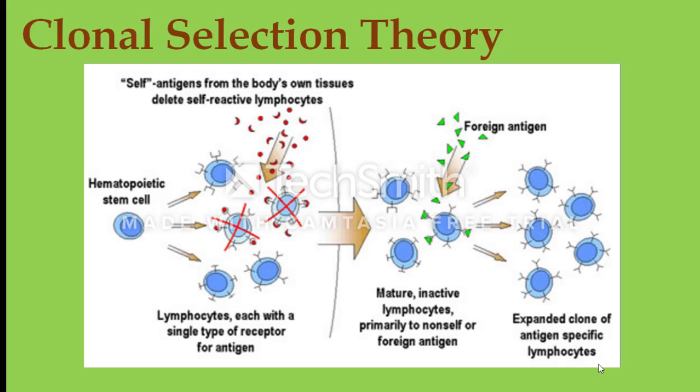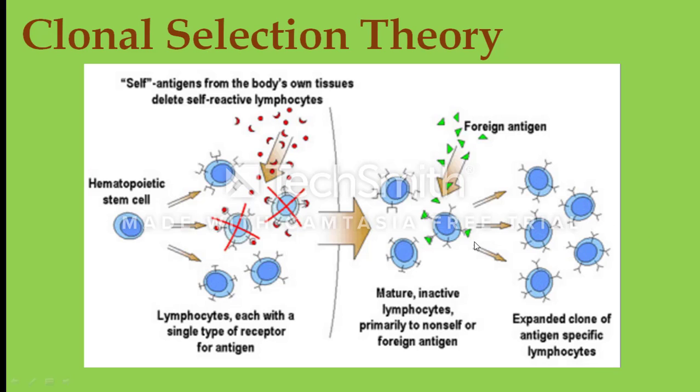This is the diagrammatic representation of how the cells behave with the self-reactive lymphocytes, how they are removed from the body. At the same time, how the specific lymphocyte expressing the specific antigenic determinant will undergo proliferation to clear off the infection.